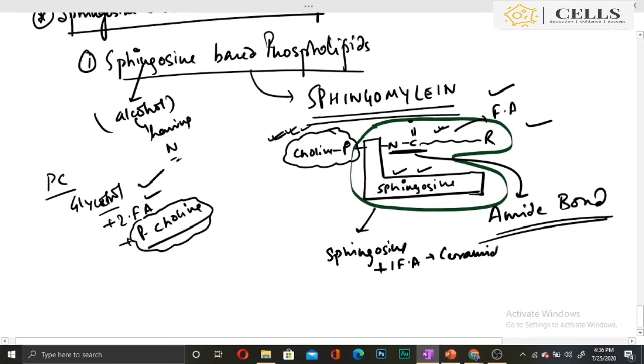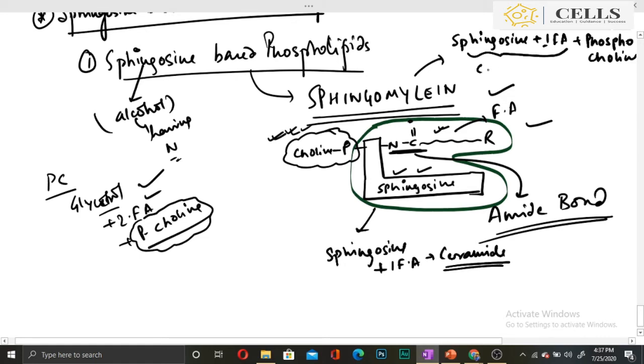This structural point we will go into in biochemistry. So sphingomyelin we can also write as sphingosine plus fatty acid plus phosphocholine group, and this we can also write as ceramide plus phosphocholine group. Very good.